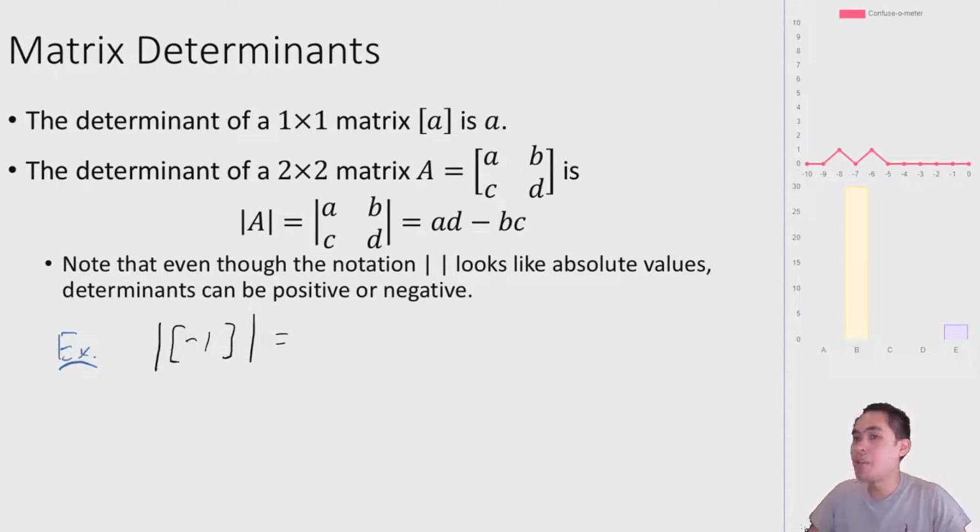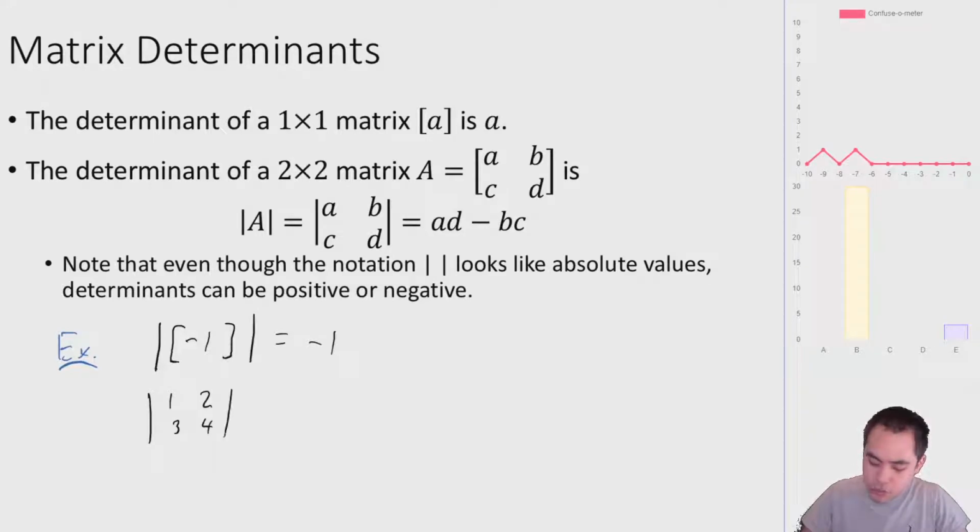The determinant of the minus 1 by 1 matrix is just minus 1. The determinant of the 1, 2, sorry, that's a 2, not a 1. The determinant of the 1, 2, 3, 4 matrix is going to be equal to, well, we're first going to take the 1 and the 4 here.